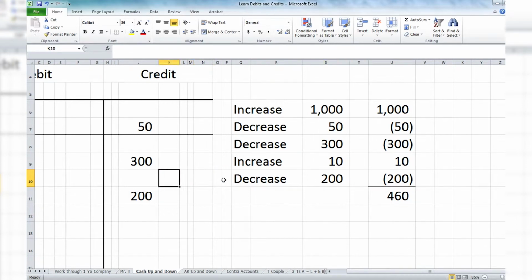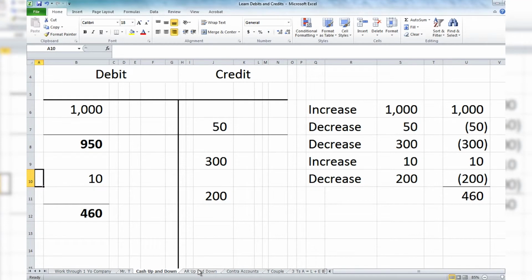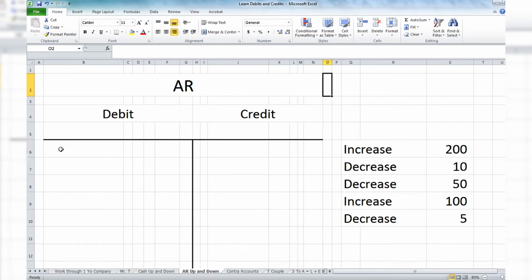Now, accounts receivable, let's just do it all at once. Increase 200, decrease 10, decrease 50, increase 100, decrease 5.